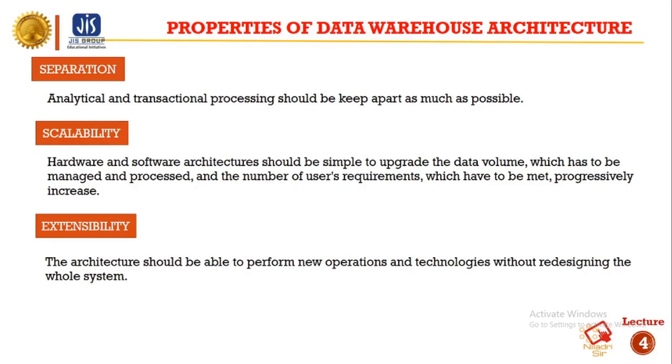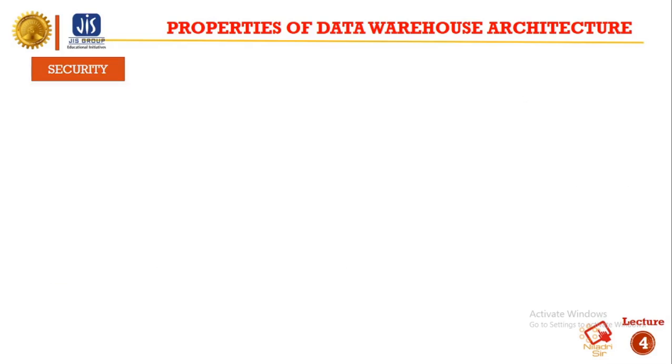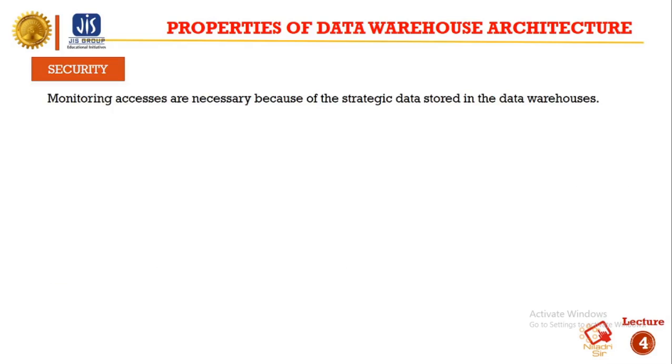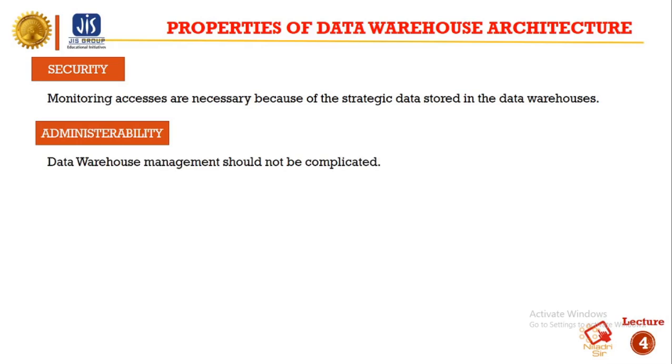The architecture should be able to perform new operations and technologies without redesigning the whole system. Next is security. Monitoring accesses are necessary because of the strategic data stored in the data warehouse. And the next is administrability. Data warehouse management should not be complicated.